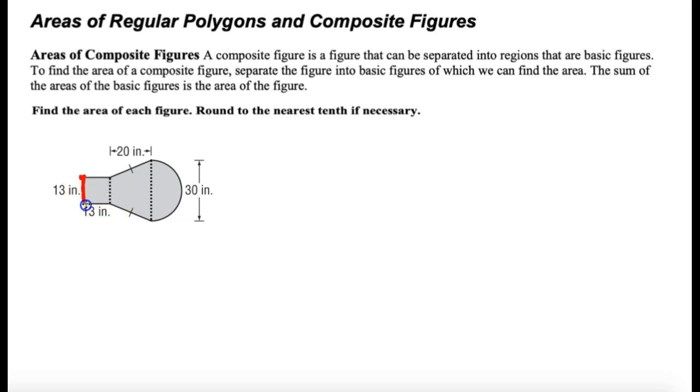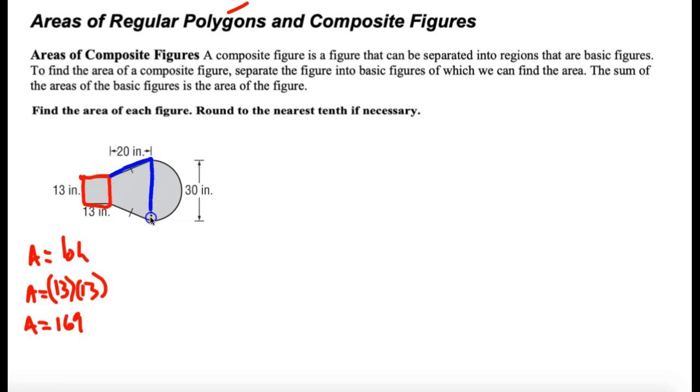So the square, that's easy. That's just base times height. So 13 times 13 is 169. Then let's do the trapezoid. Do that one in blue. The area of a trapezoid, we said, was 1/2 times the height times the sum of the 2 bases.